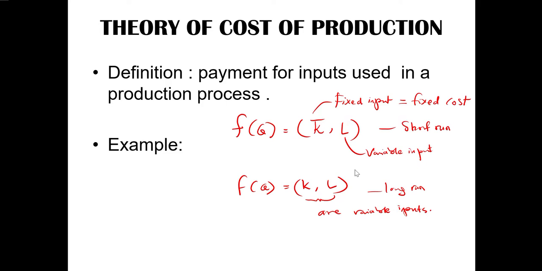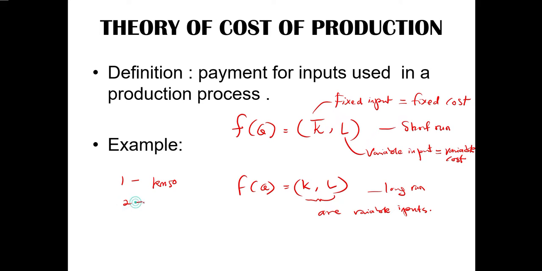Okay, meanwhile for the other input, which is the labor here, because this is a variable input, that's why the cost of using this input kita akan panggil variable cost. Dia akan berubah-ubah lah, sebab labor kita tak akan upah sekaligus ramai-ramai 10 orang and so on, right? We will start with one labor. For example, kalau kedai makan kan, seorang labor kita upah sehari 50.